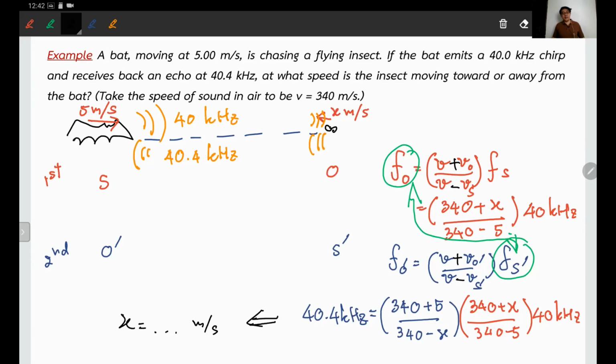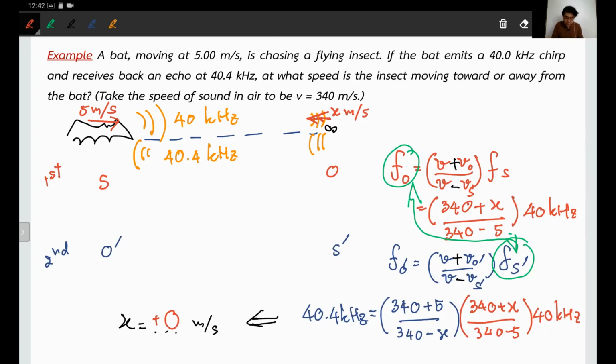All right. And when I say the mathematics will take care of everything, it's because even though you assumed in the first place that the insect's velocity is toward the bat, if the final number is positive, then your assumption is correct, so the insect is actually approaching the bat.